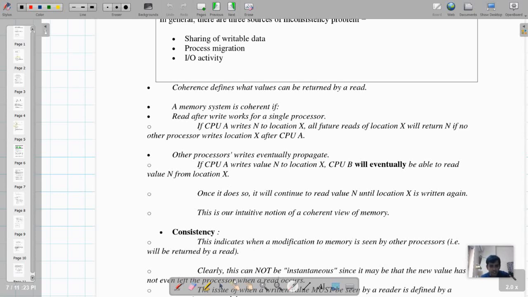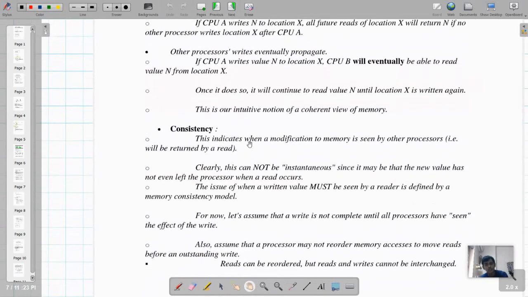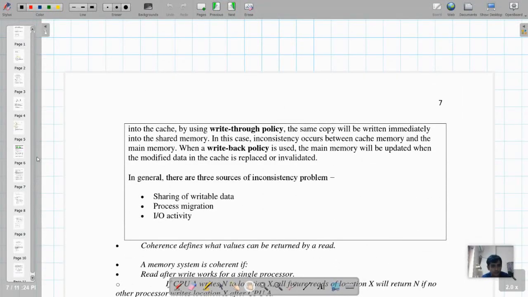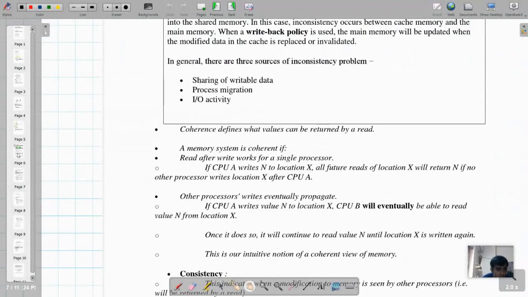Now, consistency. What is consistency? This indicates when a modification to a memory is seen by other processors. Clearly, this is not instantaneous. Just how the situation is inconsistent here, have a deeper look into that fact. Where is the diagram?